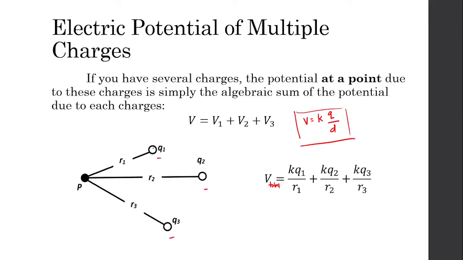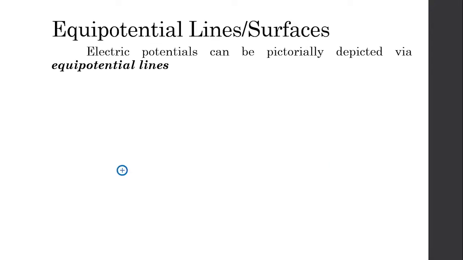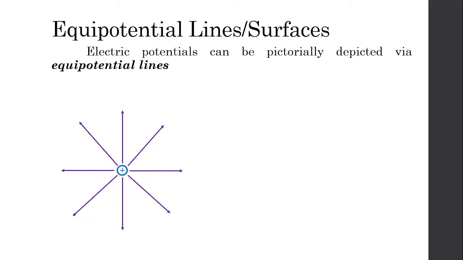If I have my Q1, I have my electric potential here, and if I keep getting the electric potential for these values for this Q, here, here, and here, eventually what I would get is a concentric circle that we can draw this way. Let's say I have my positive charge right here and it has an electric field. The equipotential line is something like this.